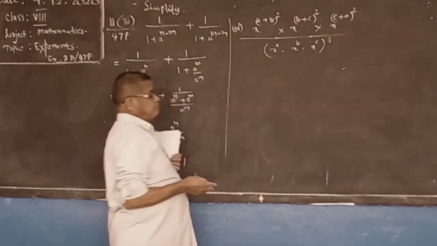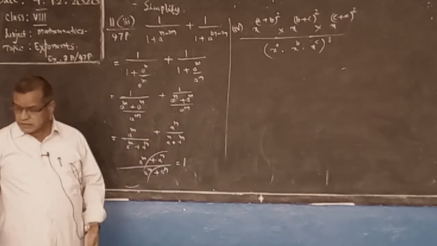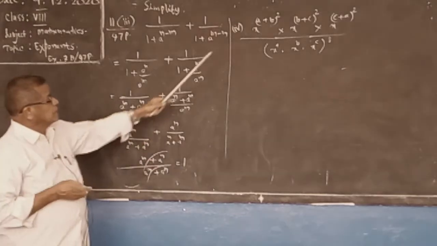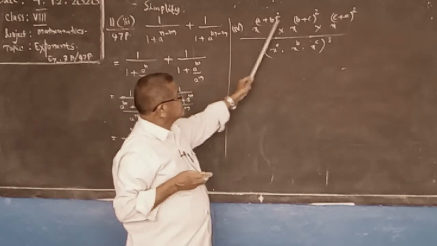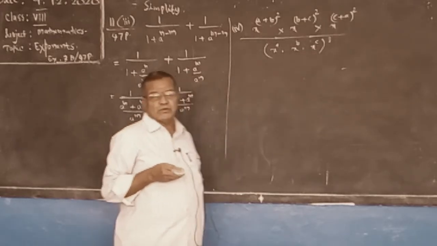First of all, let us expand. Expand a plus b whole square, expand b plus c whole square, expand c plus a whole square.